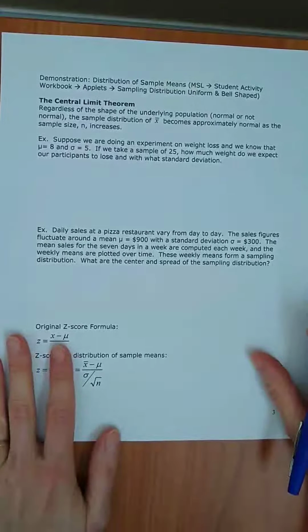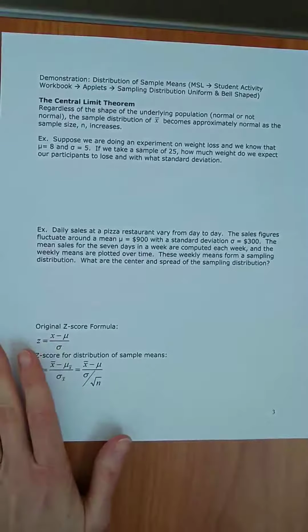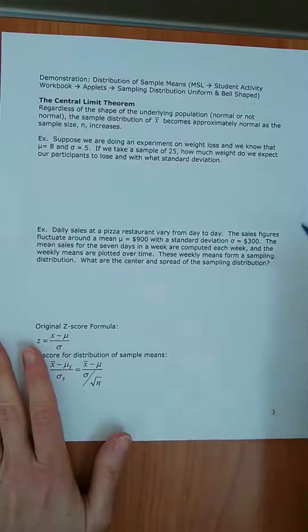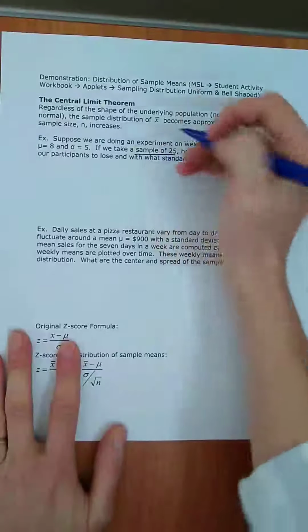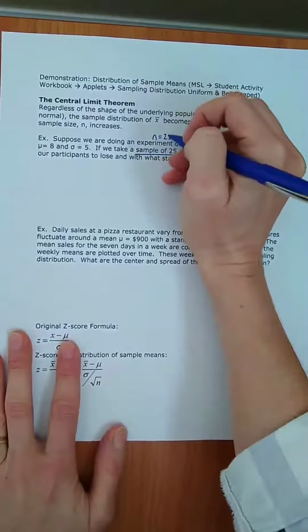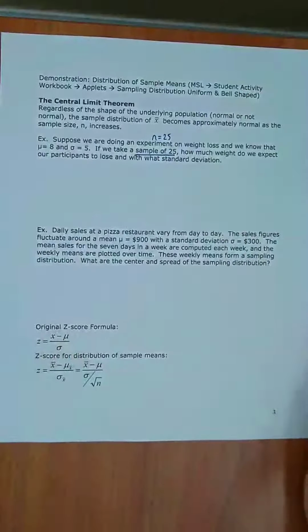If we take a sample of 25 people, we don't know what the capital N is for the whole population, but we know that our little n is 25. How much weight do we expect our 25 people to lose, and with what standard deviation?